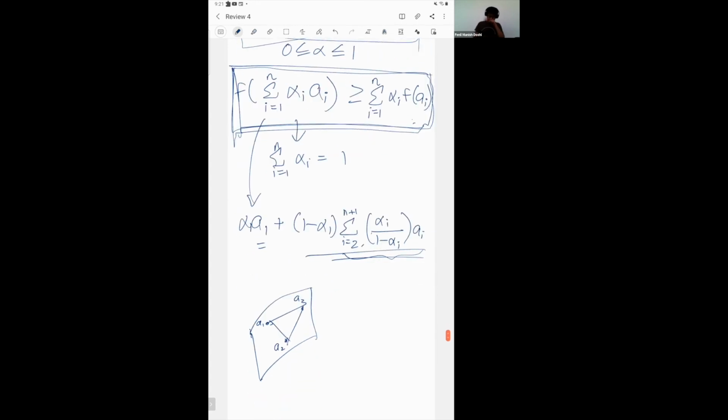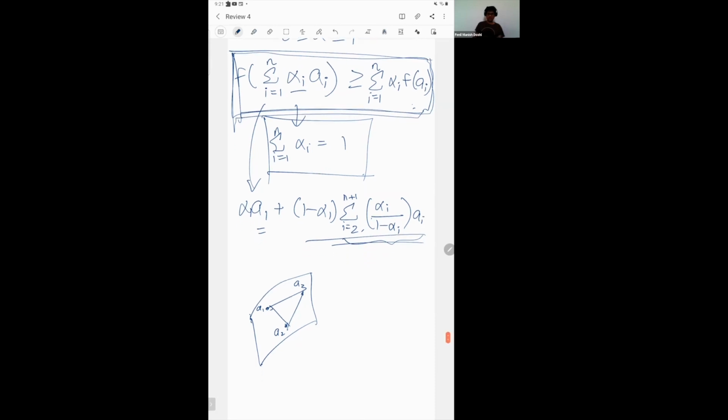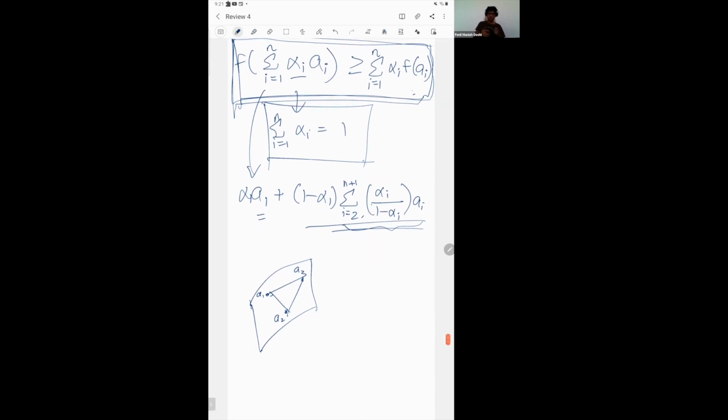Now your alpha i has just this one constraint, and in most of these cases the alpha i that comes out is the probability of seeing the data point ai, and it satisfies this constraint.